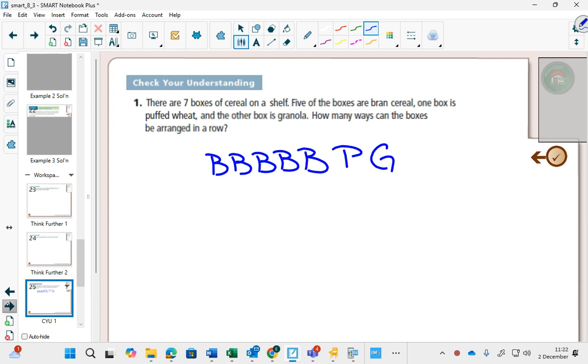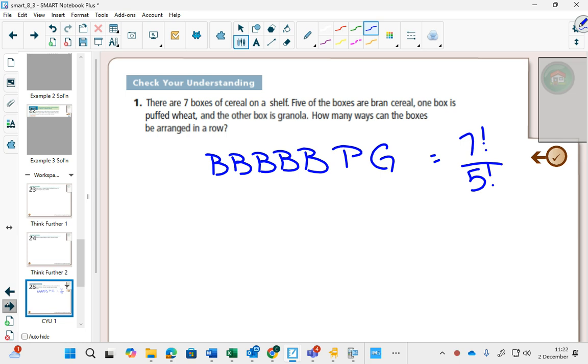So this is like rearranging the word Mississippi, except this time the word that we have is different. And so someone asks you, how many ways could you rearrange the letters of the word, then you would say, well, normally I would have 7 letters, which is 7 factorial, but I have identical objects, which is 5 factorial.